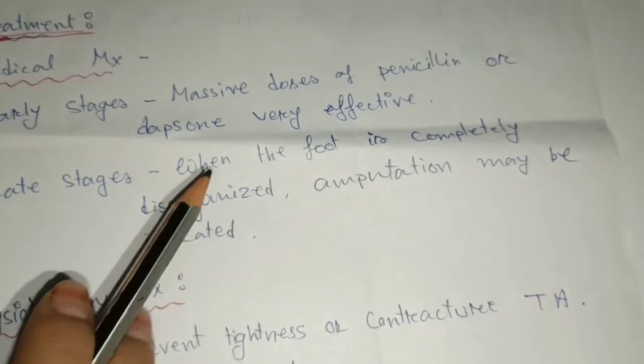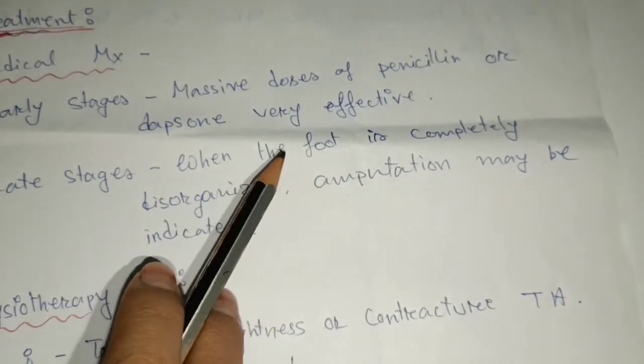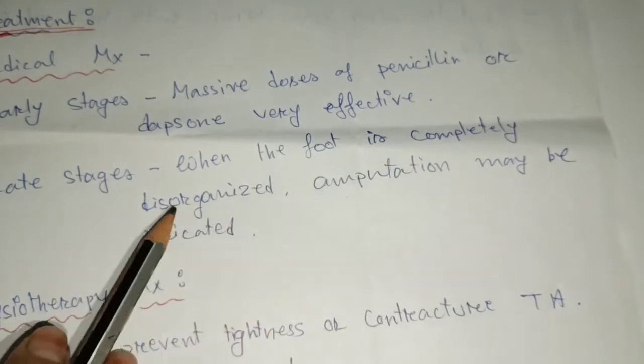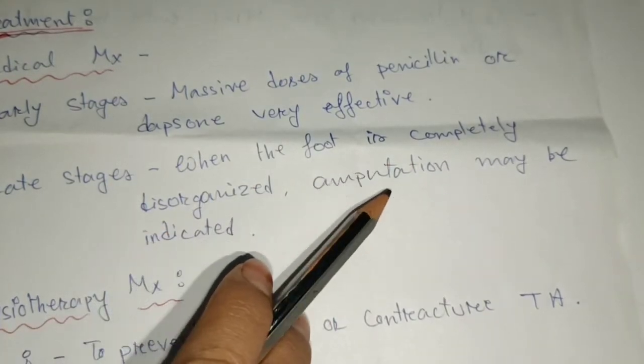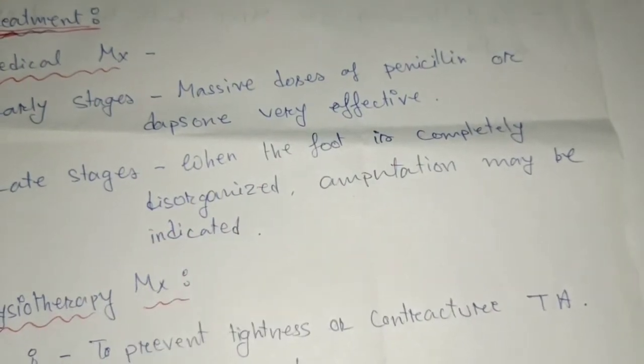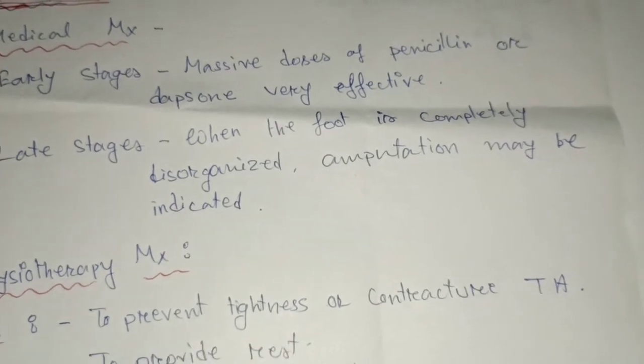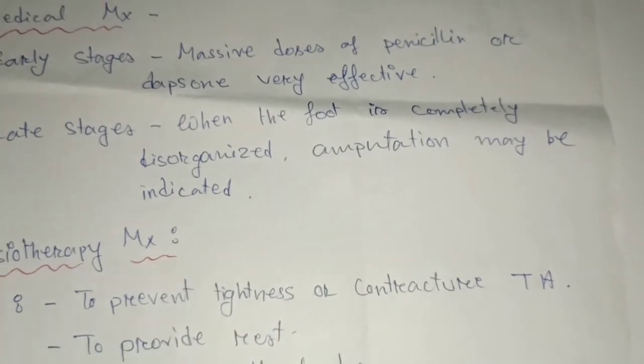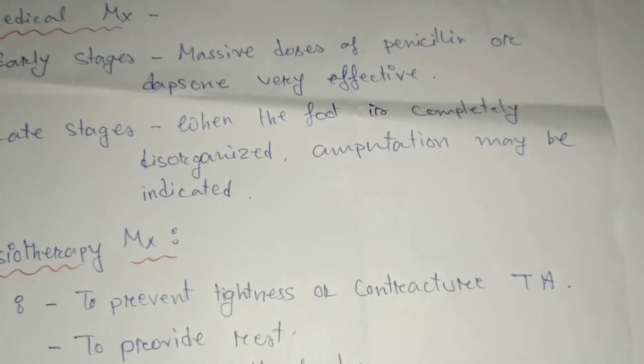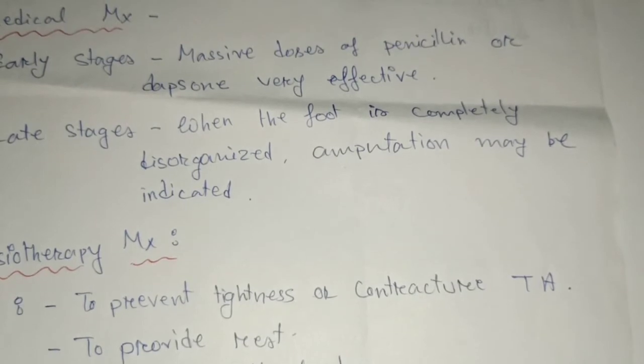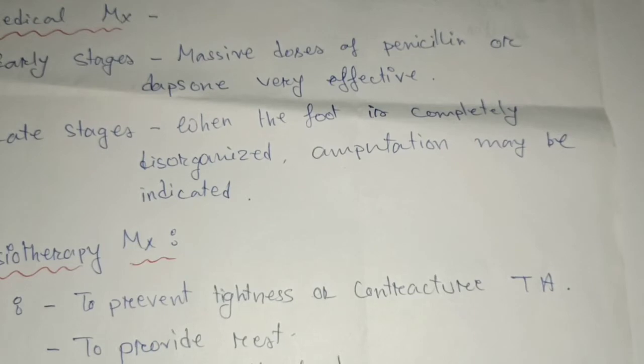And in the late stage, when the foot is completely disorganized, amputation may be indicated. When the bones are more affected, we cut off the affected or infected part, which is called amputation, removing the dead part.